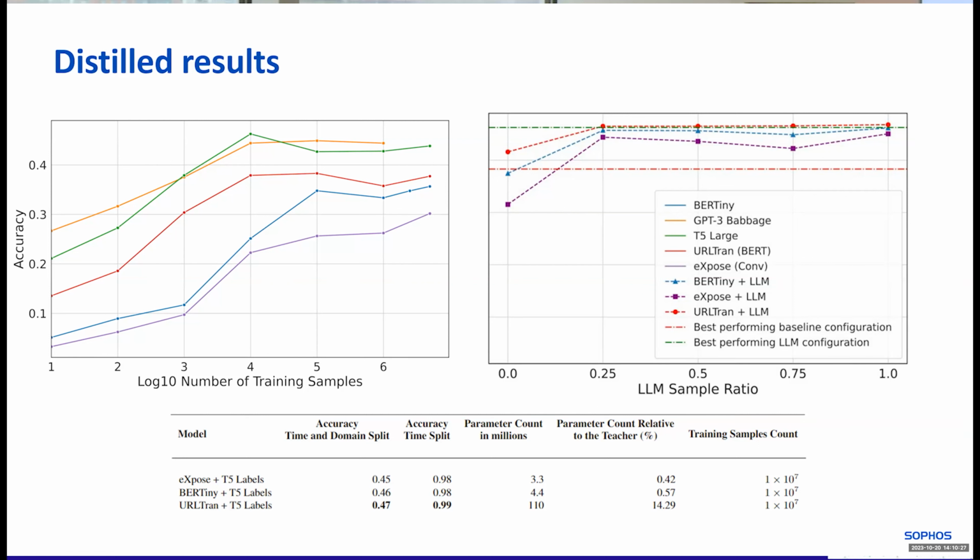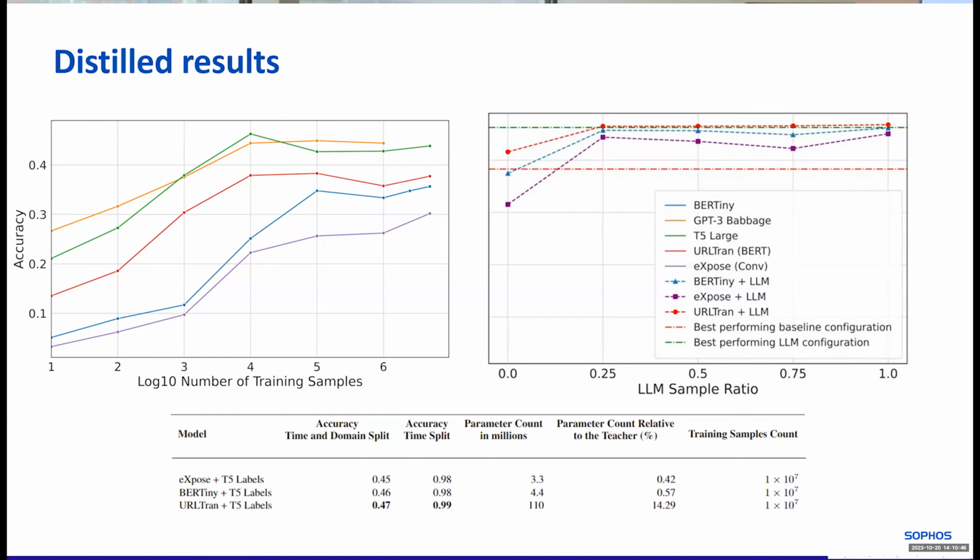So we just increased by one order of magnitude the number of training samples, which meant that all three student models started to perform better, but still nowhere near the teacher models.